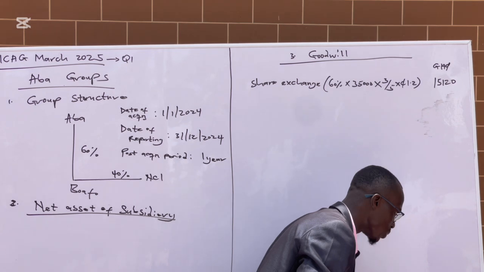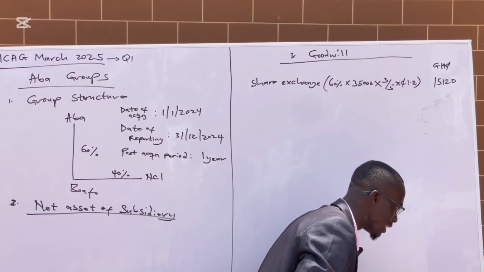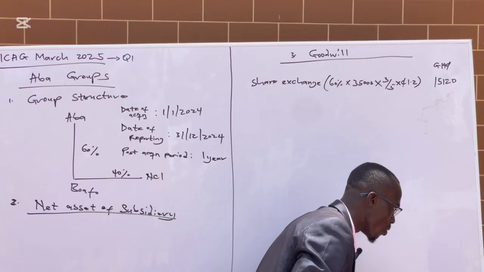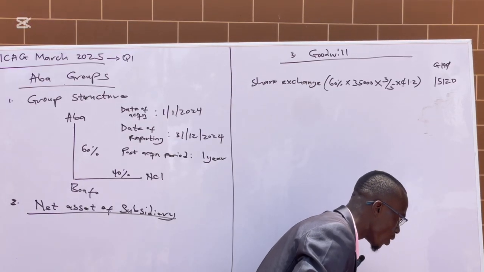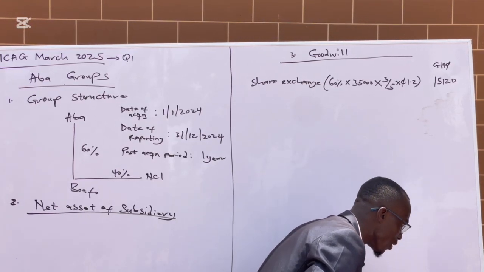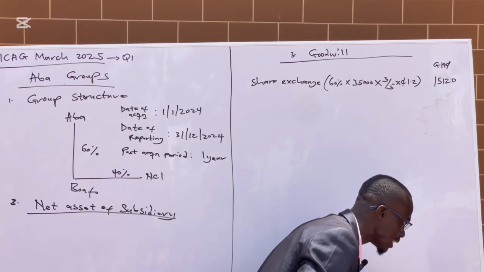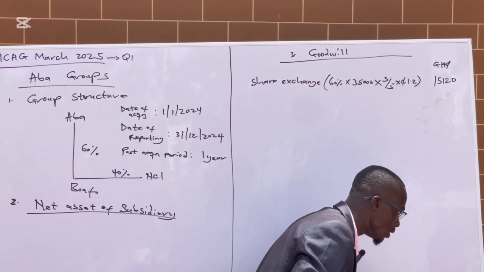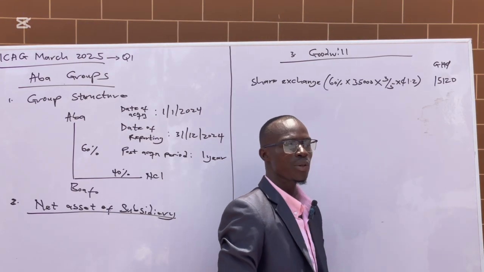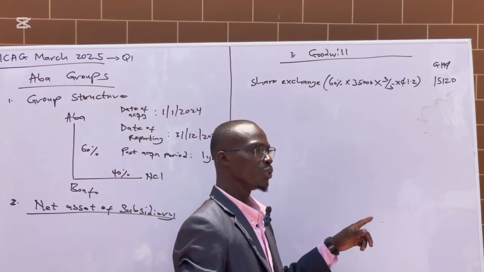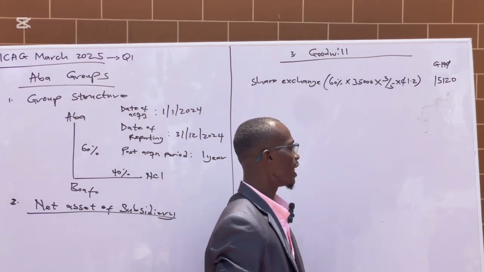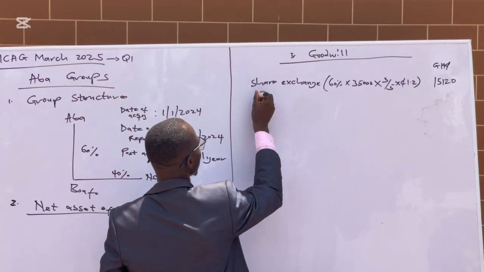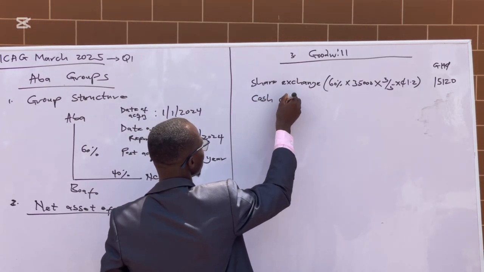And when I was reading the question, they also made mention of a cash consideration of 20.4. They have also given us the share price of the subsidiary, which is 1.015 Ghana cedis. That one will come later because you are not going to use it for our calculations here. So let's bring the cash consideration, which is another consideration transferred.